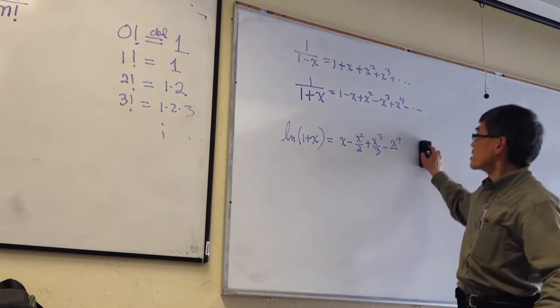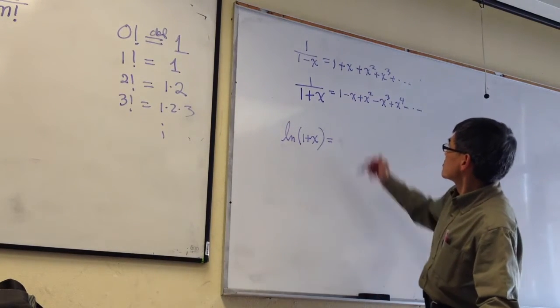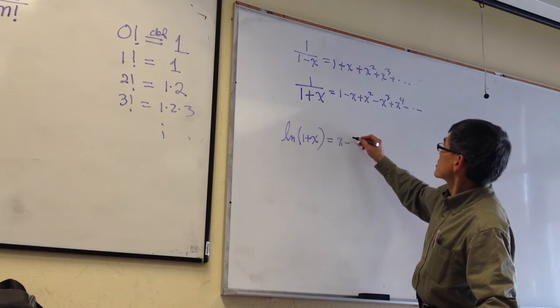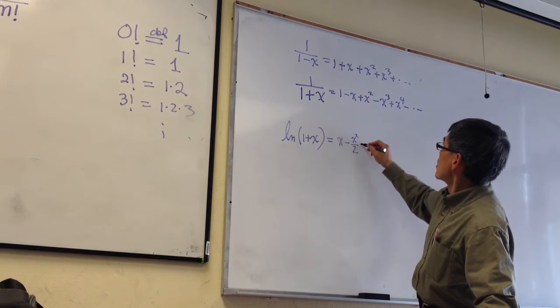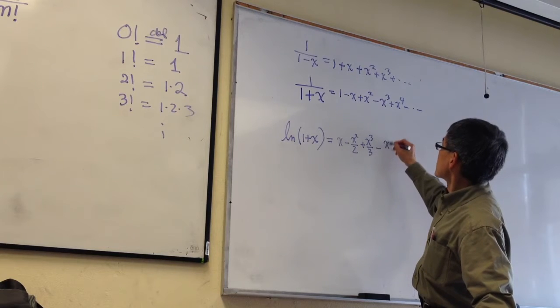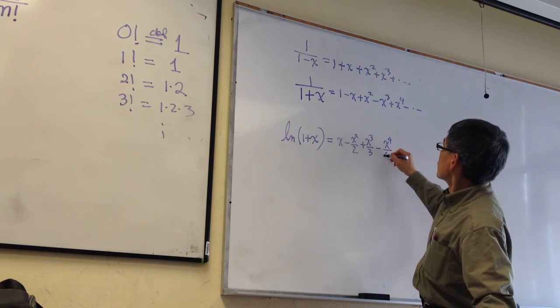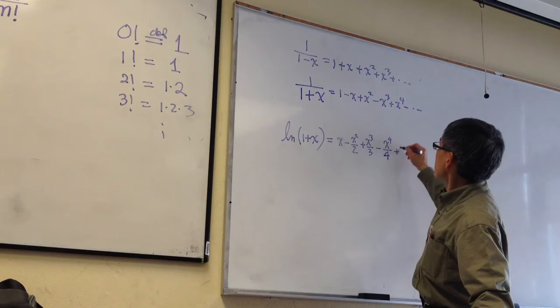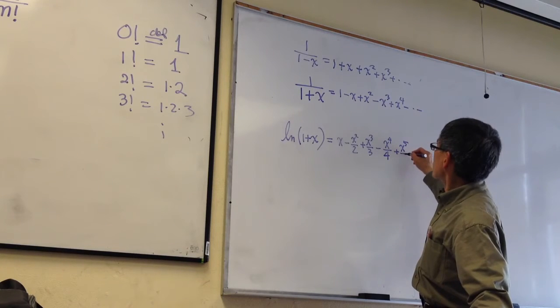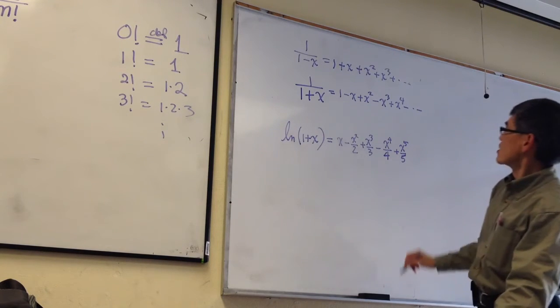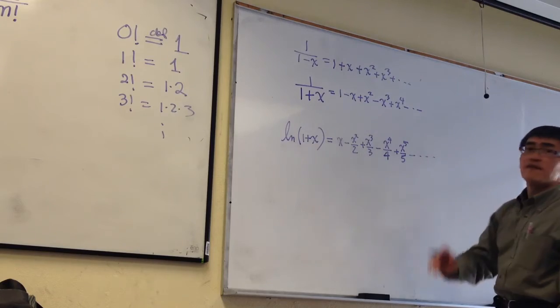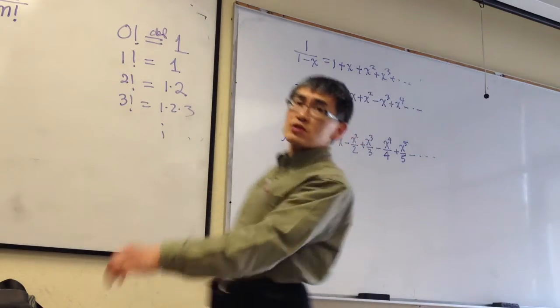Let me line things up more nicely. X minus x squared over 2 plus x third power over 3 minus x fourth power over 4 plus x fifth power over 5, right, minus dot dot dot. And that's the next result here.